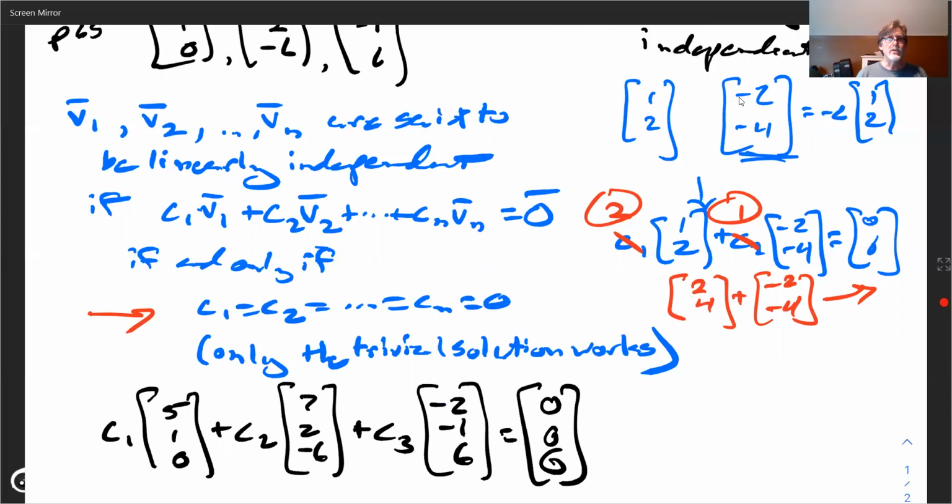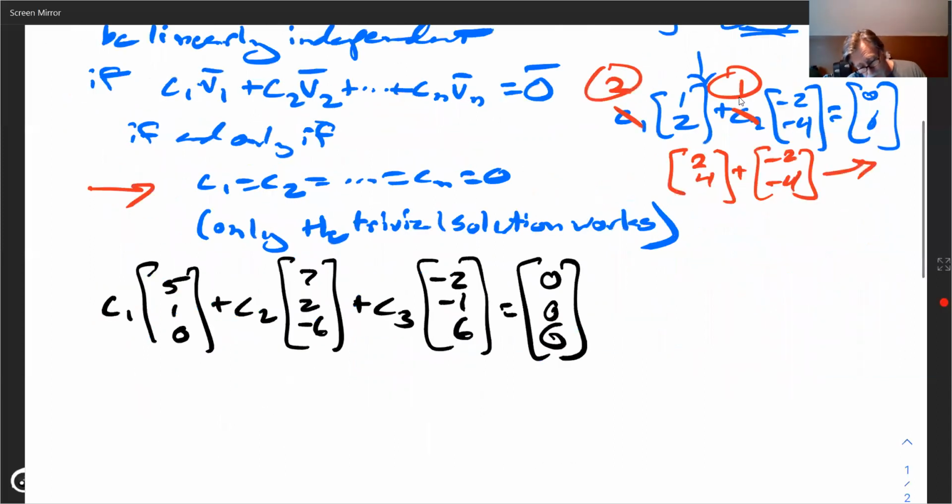Take a look at this and you go, that's a vector equation, is it not? And I can set that up to solve it by using an augmented matrix. And we're going to do that. So let's set that up. That's what you do a lot of in this class, I told you. And so we'll go 5, 1, 0, and 7, 2, -6, and -2, -1, 6.